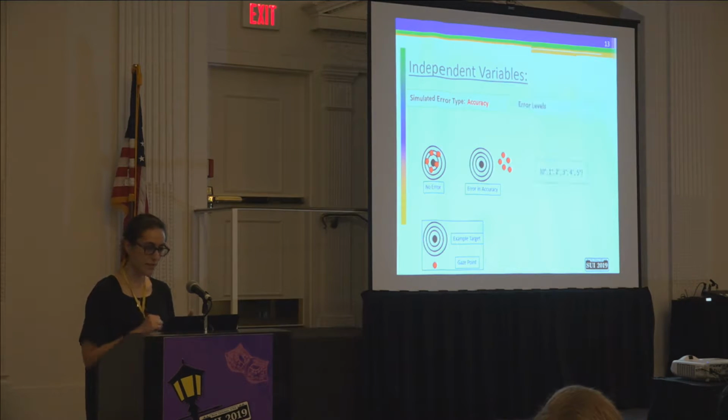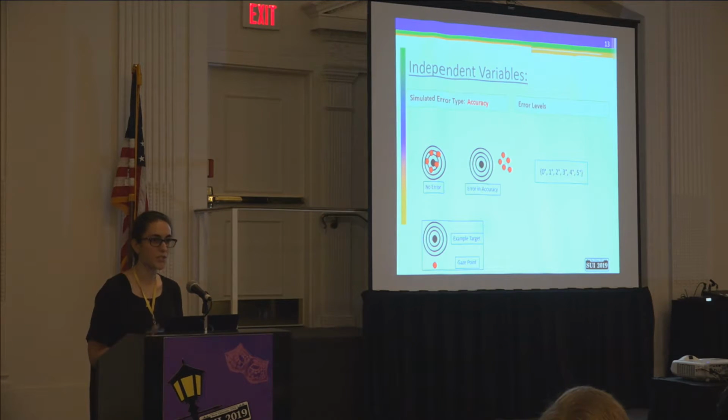To test different error levels, not just for accuracy but for all the error types, we referred to past literature and the values that manufacturers report to choose those error ranges. For accuracy, we chose 6 discrete levels between 0 and 5 degrees.